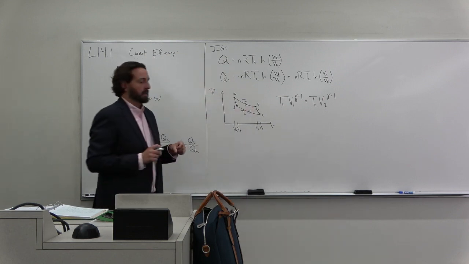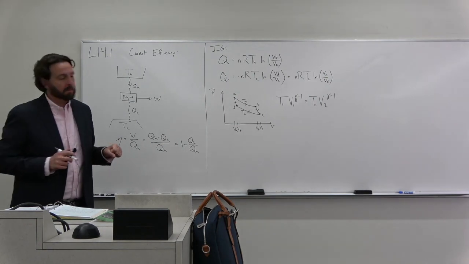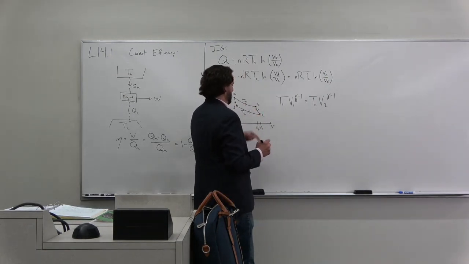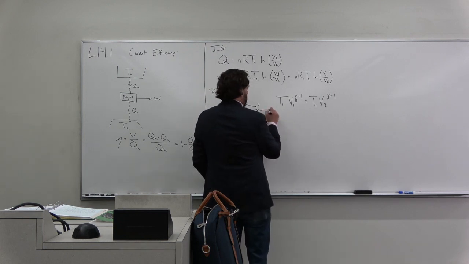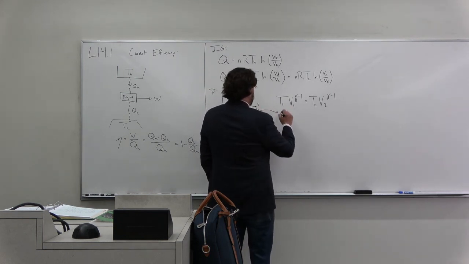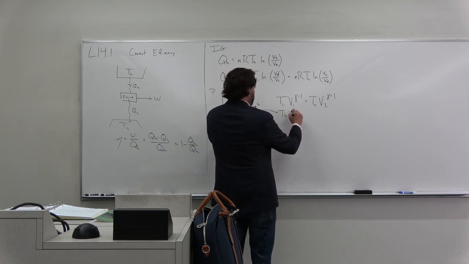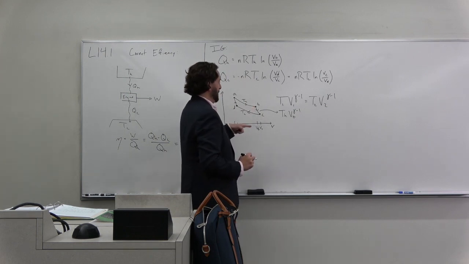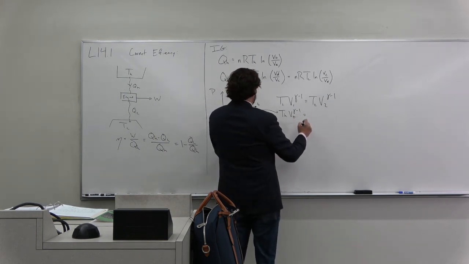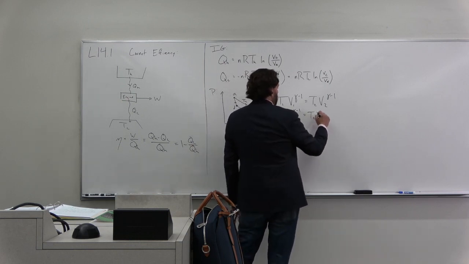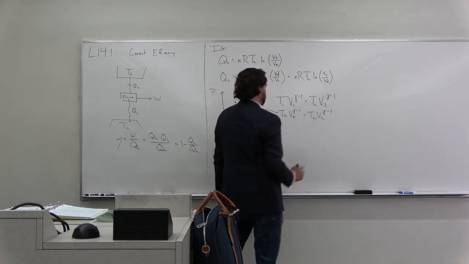So let's imagine this adiabat. Okay, so we would say along this adiabat, we would get TH and VB to the gamma minus 1, right, at state B, equals, well, we get to TC, and we're at VC to the gamma minus 1.